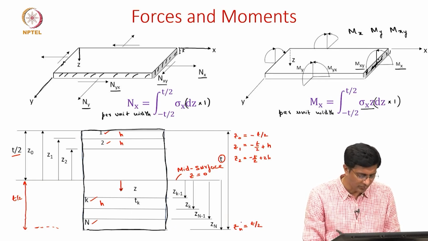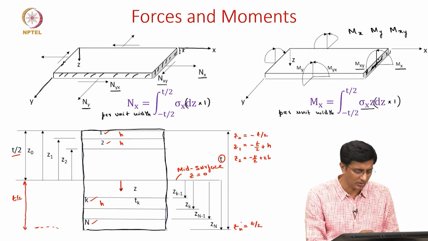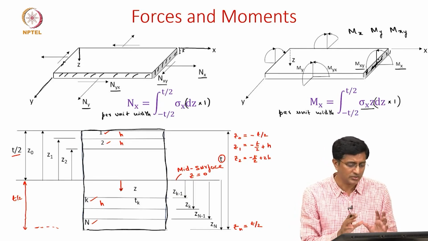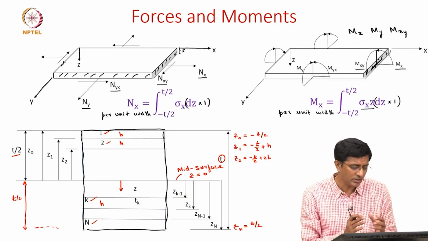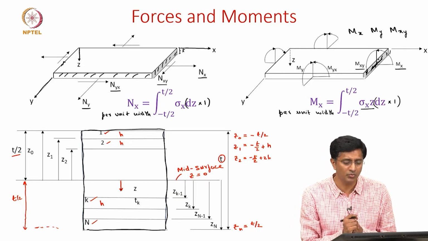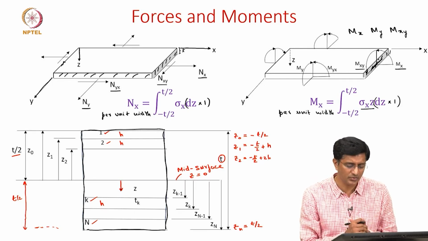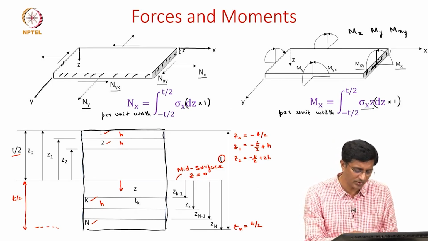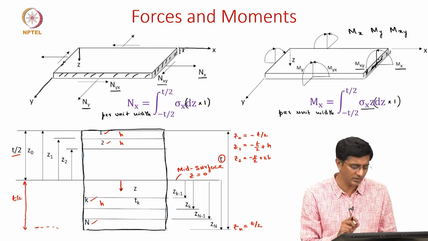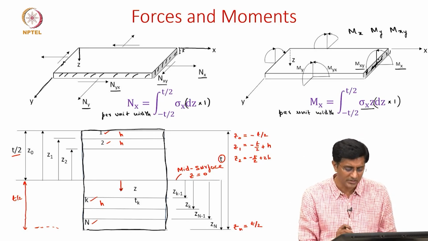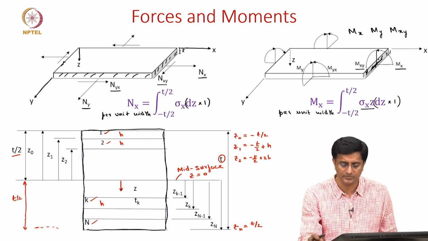Now it is a positive value because we are in the positive direction of Z. Okay. So this should summarize the definitions of the forces and moments we are taking, and the notations we are using to give these values of Z for each layer in this laminate.